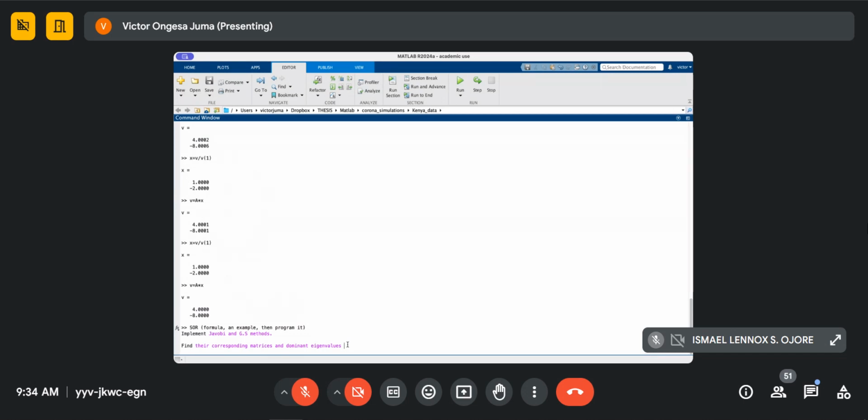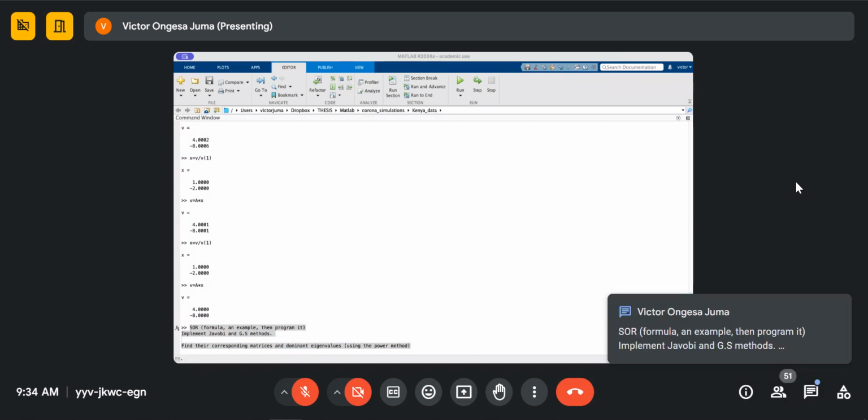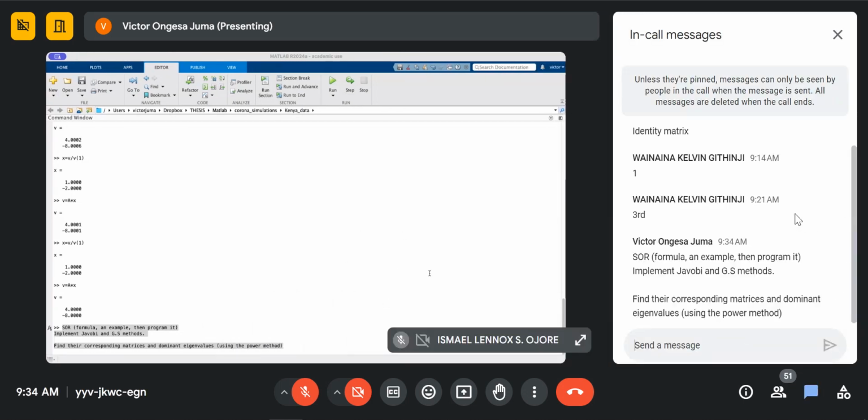So find the dominant eigenvalues, let me put here, using the power method. Let me copy this and send it to the chat. So I've sent it to chat. So those are the assignments too.